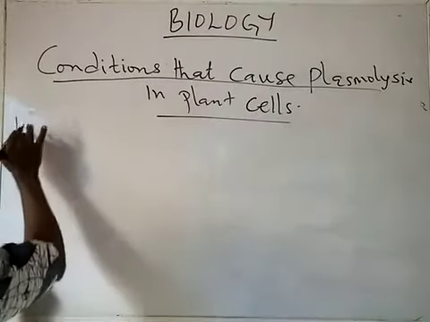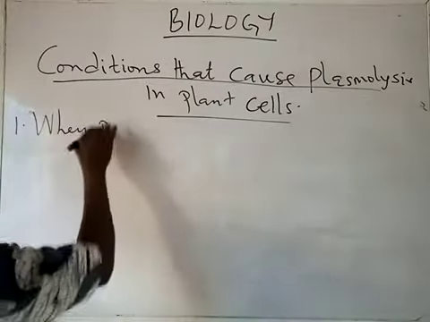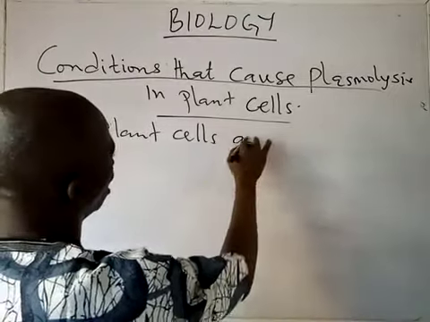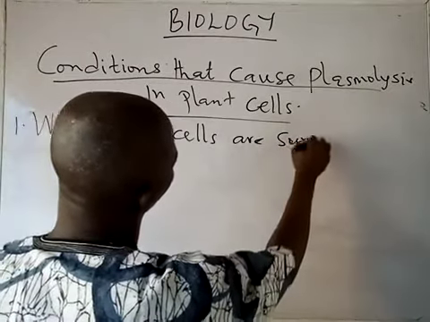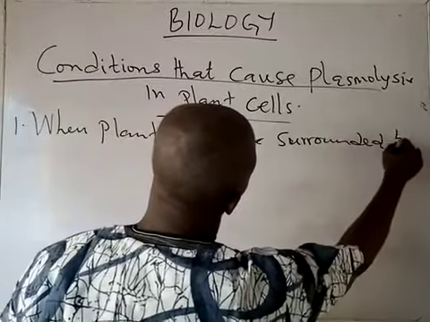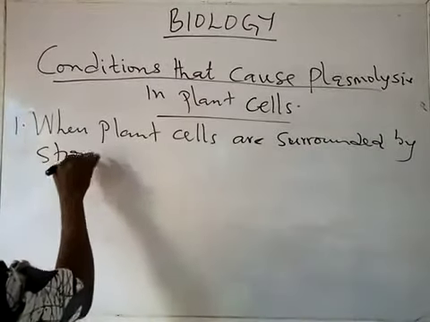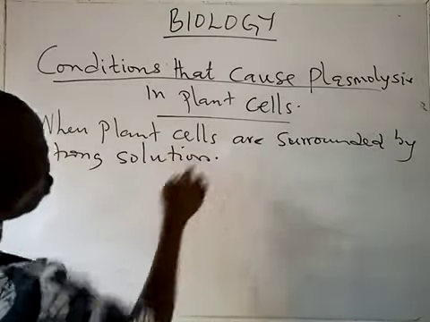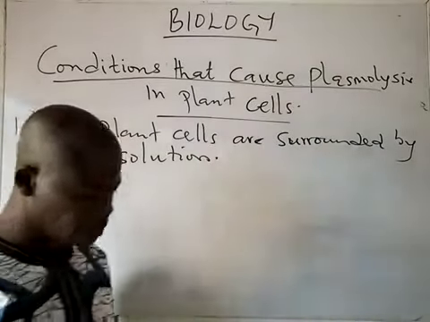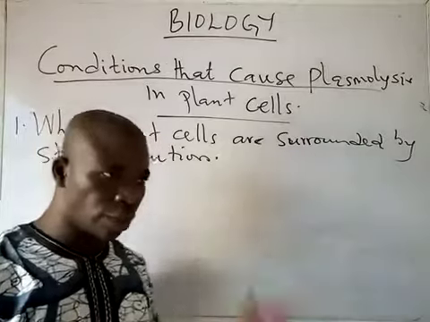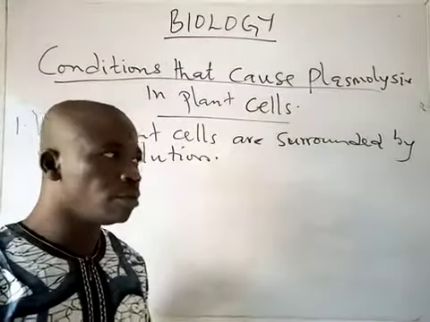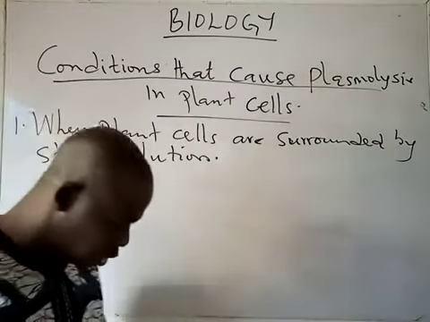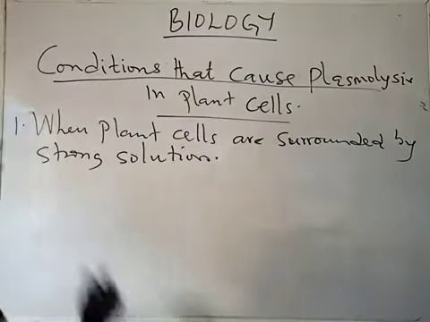One, when plant cells are surrounded by strong solution, plasmolysis will take place, just as we demonstrated using filaments of spirogyra. Another thing that can cause plasmolysis in plants is when there is excessive transpiration.